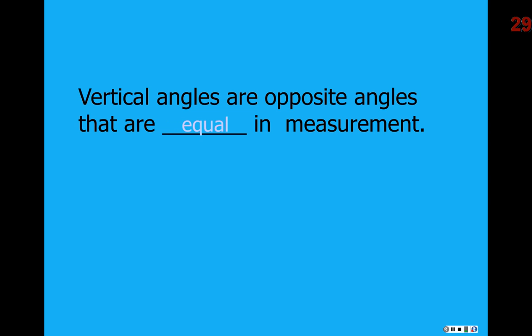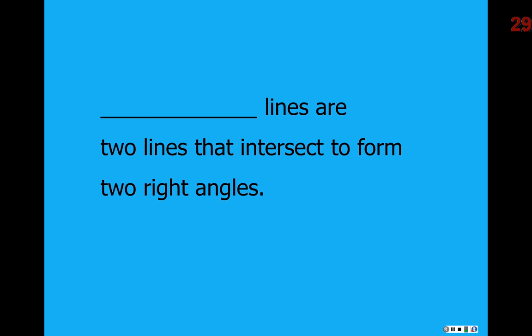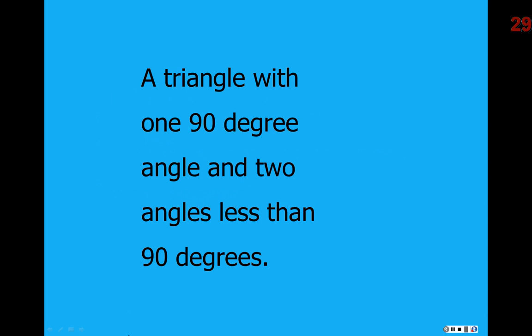So if you had said equal, same size, congruent, same thing, okay? Blank lines are 2 lines that intersect to form 2 right angles. What kind of lines are those? Perpendicular.